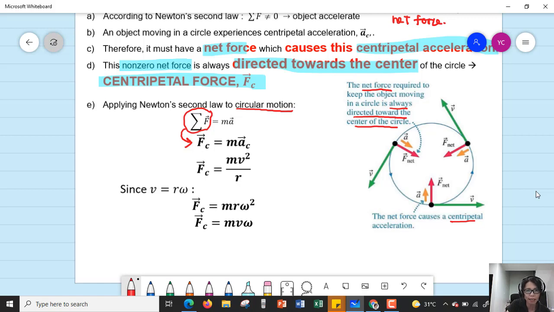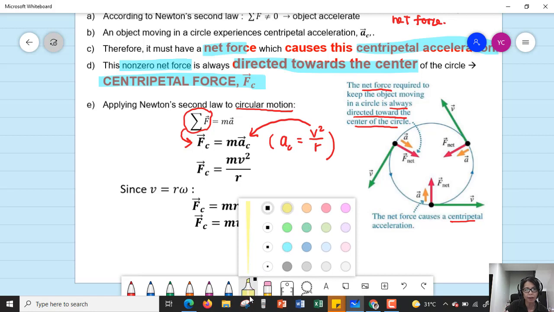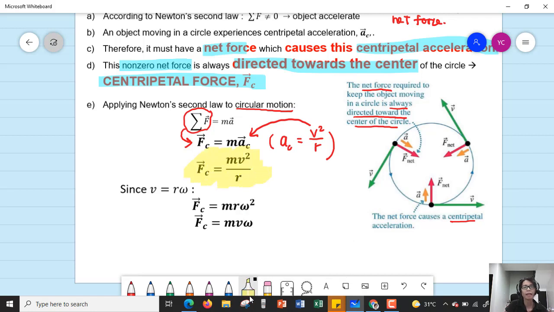So F_c equals mass multiplied by the centripetal acceleration. From the previous video, the equation for centripetal acceleration is v squared over r. Putting it into the equation, we get the equation for centripetal force: F_c equals mv squared over r.